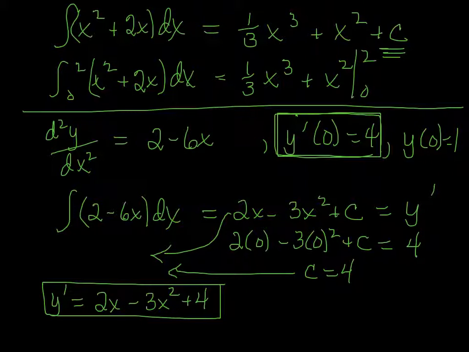So there is our y prime. All right, so next, let's just rewrite that so that we have y prime is equal to 2x minus 3x squared plus 4. Now that is the y prime.